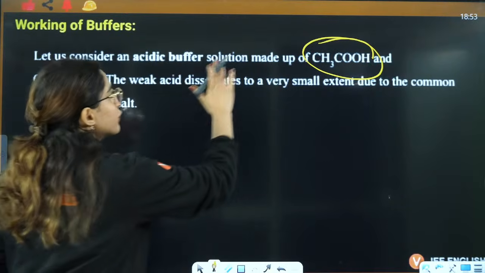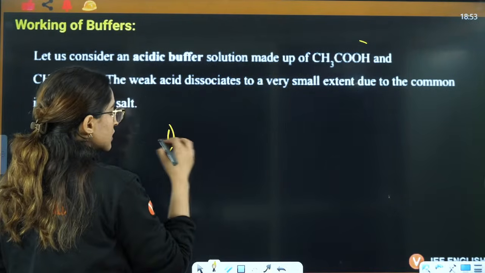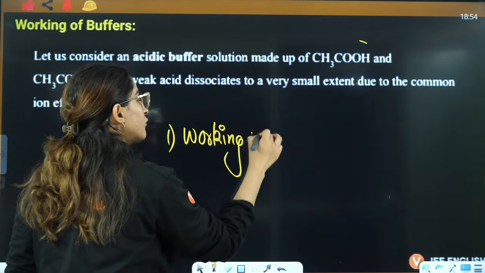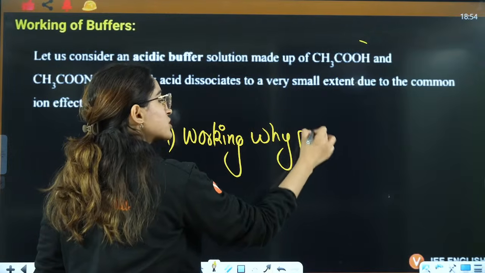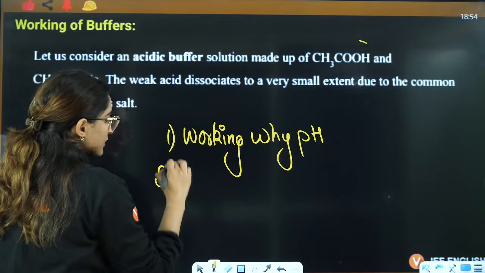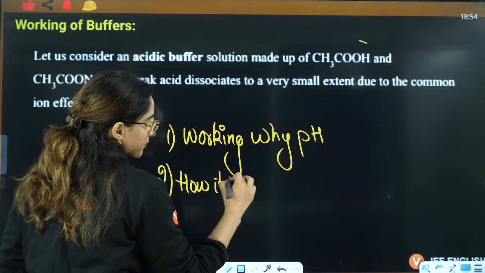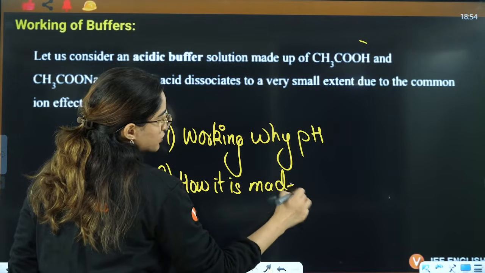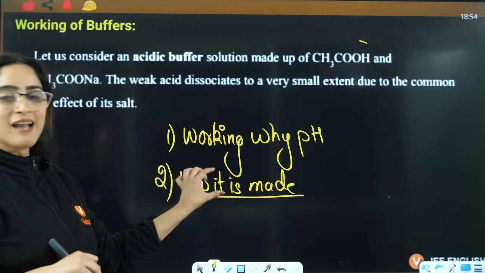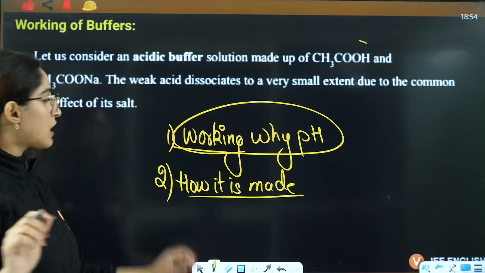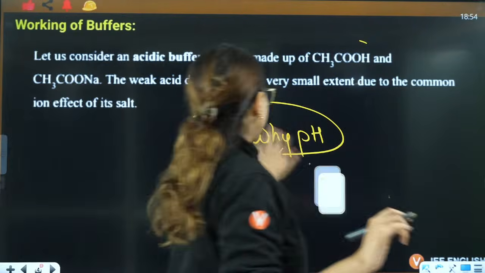First thing is working, working means why pH is not changing. Second thing, we'll talk about how it is made. To understand how it is made, you have to understand the working first, right? So we'll understand the working of each of them, right?